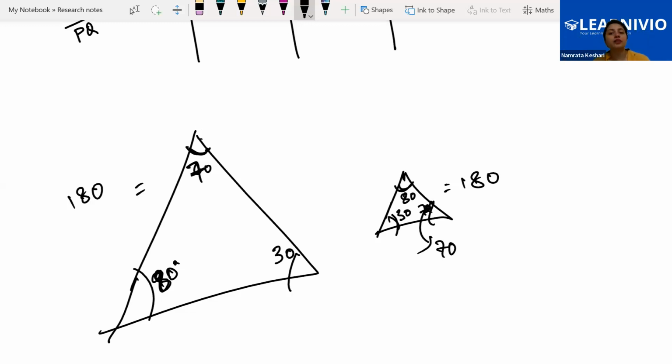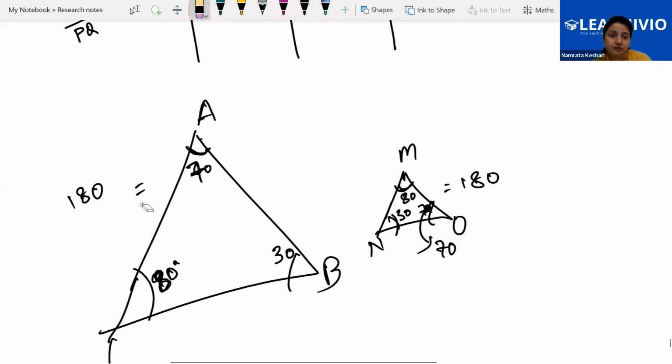If that is the case, and also the sides are in proportion with each other, suppose I am taking a triangle ABC, and this is triangle MNO. Here side AB is, let's say, 18 centimeter.